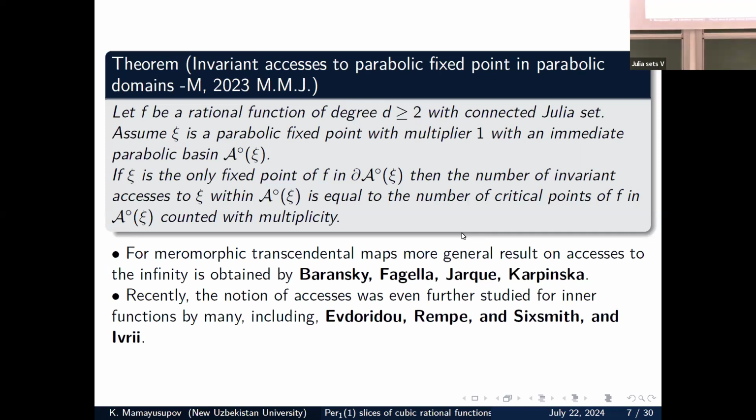Of course, from here we see that critical points are important, and there is much related work by many people on this. Pshititsky also worked on the number of critical points, and Walter Bergweiler also has many results on critical points in the immediate basin, so some bounds. But here we just take the number of critical points and then say some properties of the functions.